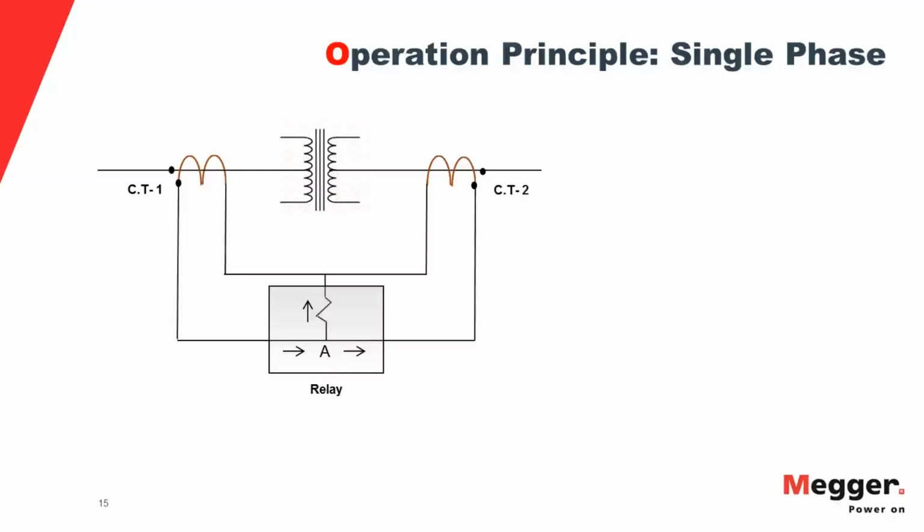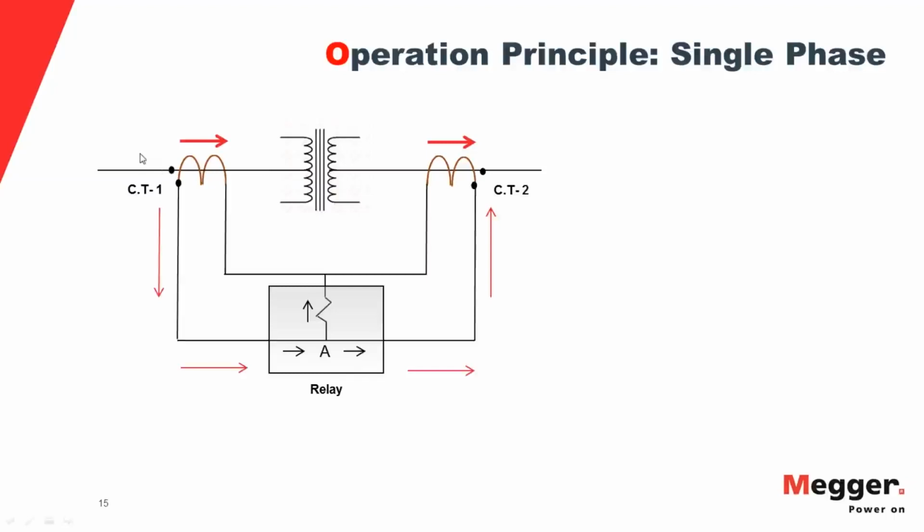If we apply Kirchhoff's current law at node A, what am I going to see? Let's have the primary current flowing in CT1 and CT2 in this direction. And according to the CT polarity, the current entering the relay would be in this direction.